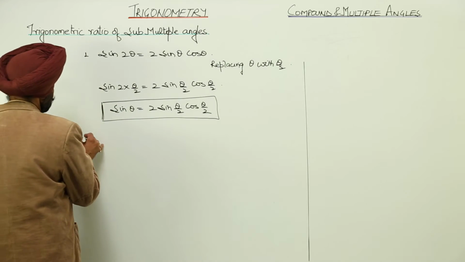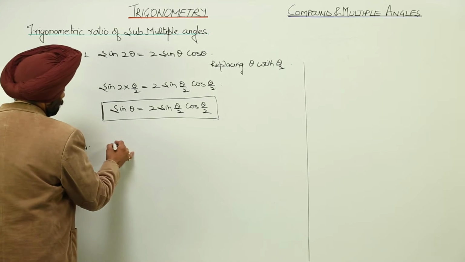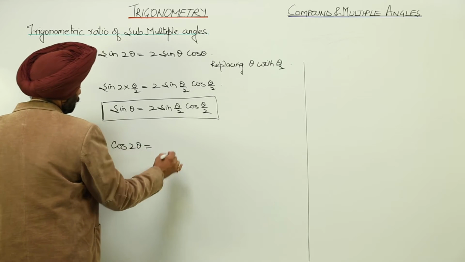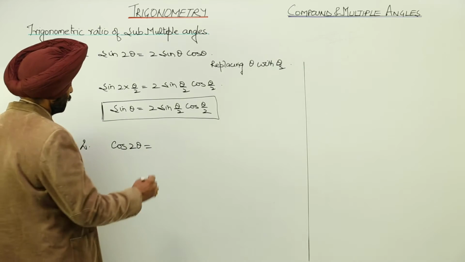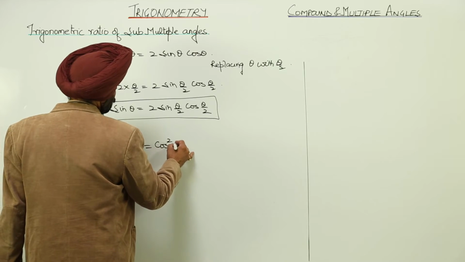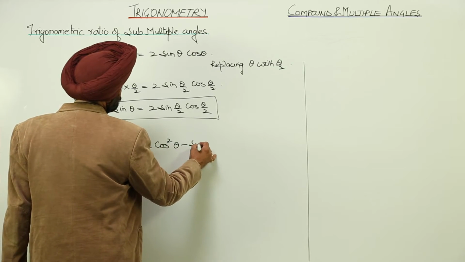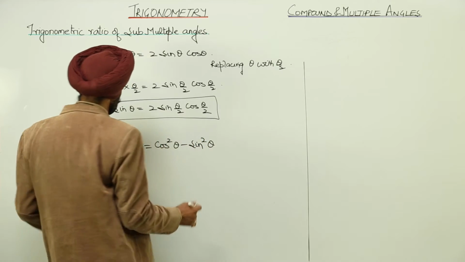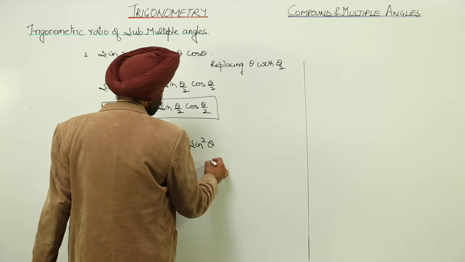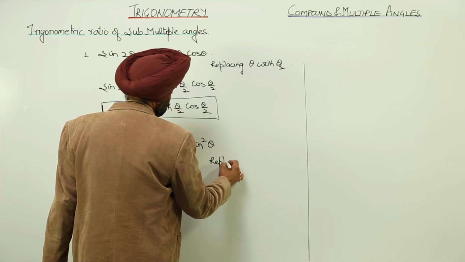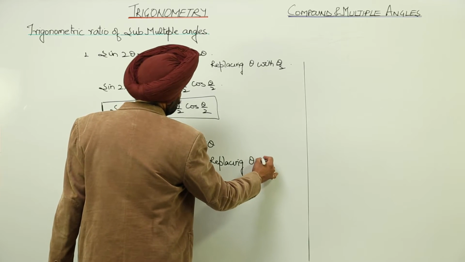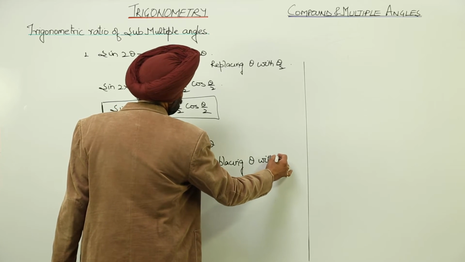Then number 2. Number 2 we were having cos 2 theta. This was equal to what? Cos square theta minus sin square theta. Now doing this systematically, this first part, again replacing theta with theta by 2.